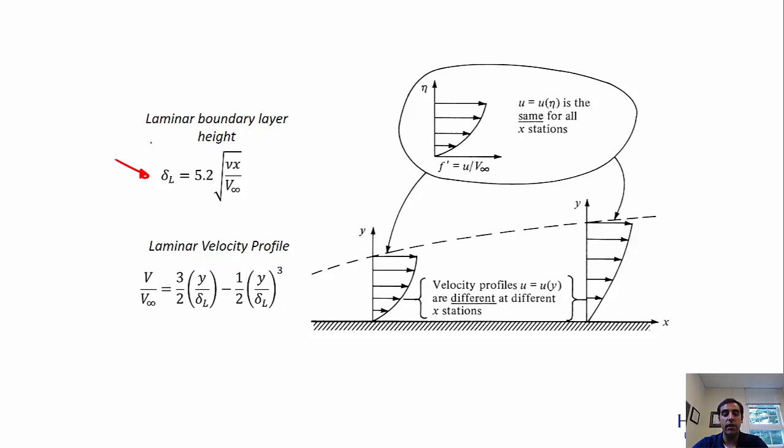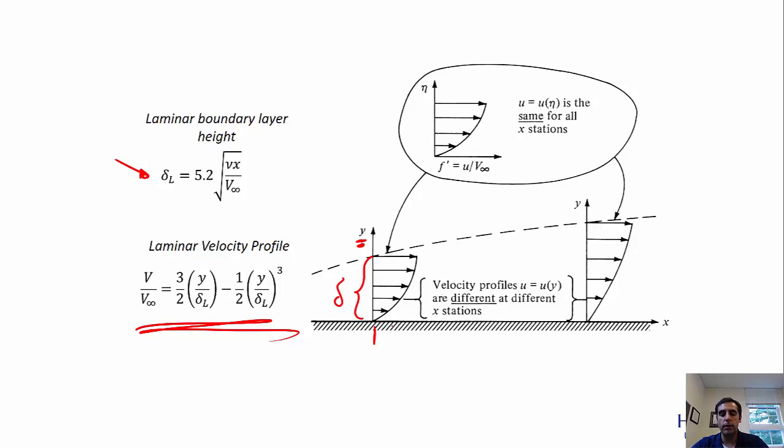And the velocity profile can be approximated by this cubic relationship, where v over v infinity, the non-dimensional velocity, is equal to 3/2 times the non-dimensional height, where y is the vertical height off the wall, and delta is the local boundary layer height. So let's say at this position, this is delta. Minus 1/2 that same non-dimensional height raised to the third power.